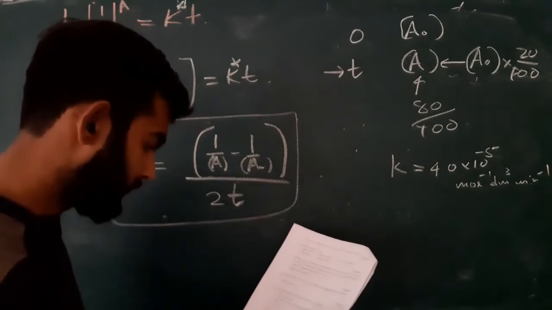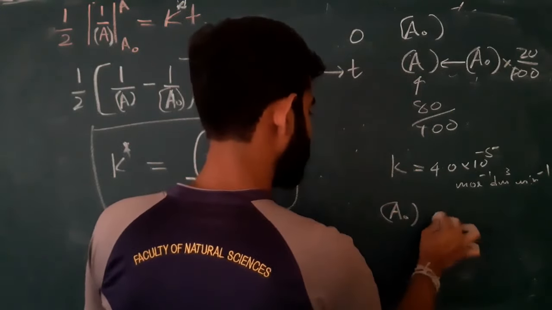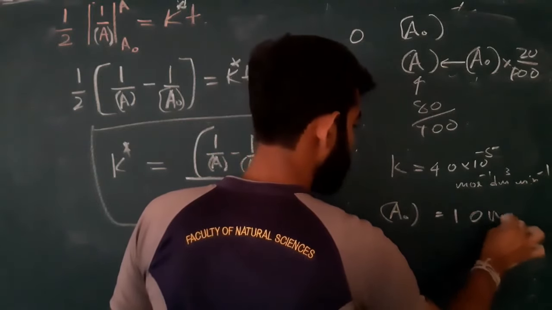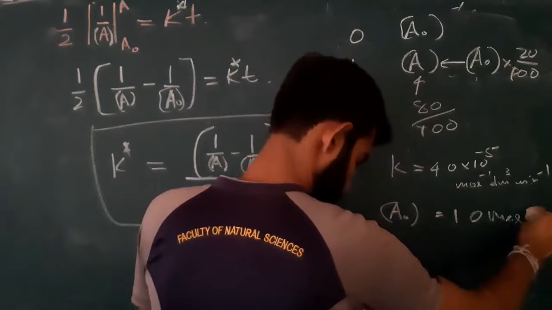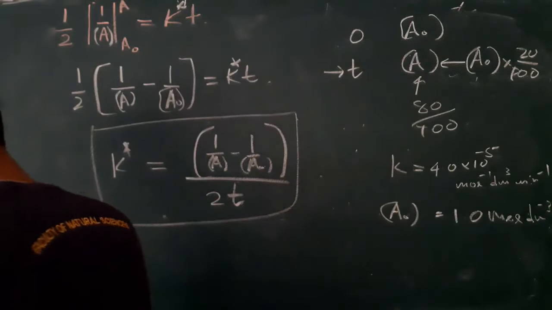This is the rate constant, and the initial concentration a naught is given. a naught is 1.0 mole per cubic decimeter. Everything is given.